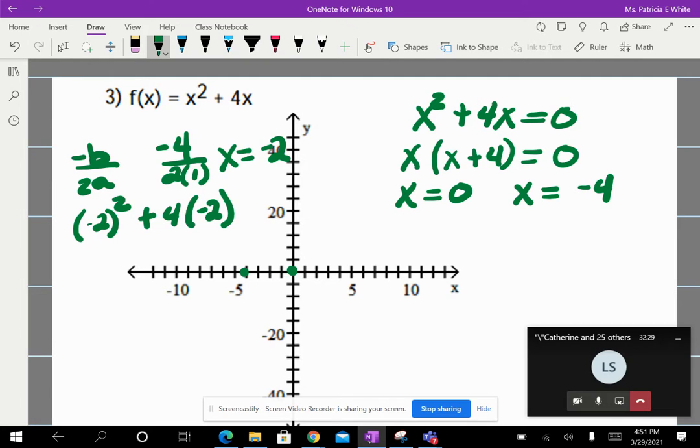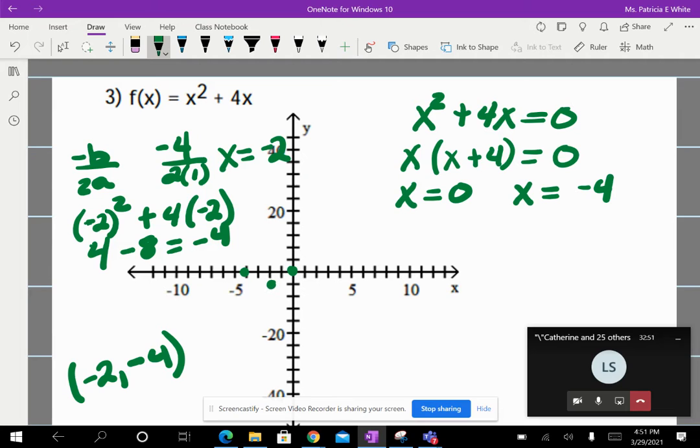This time, because that negative is inside of those parentheses, you get a positive 4 minus 8, giving a negative 4. So your vertex this time is (-2, -4).